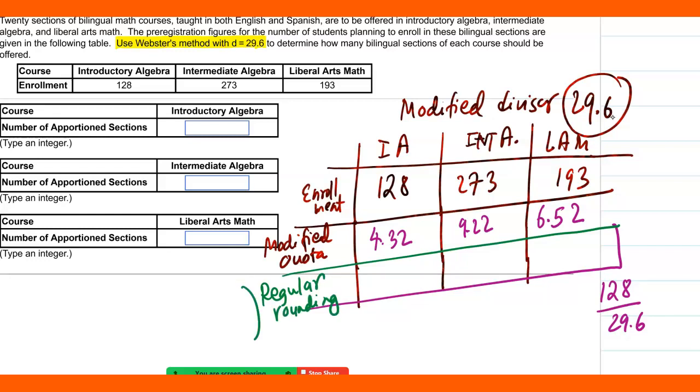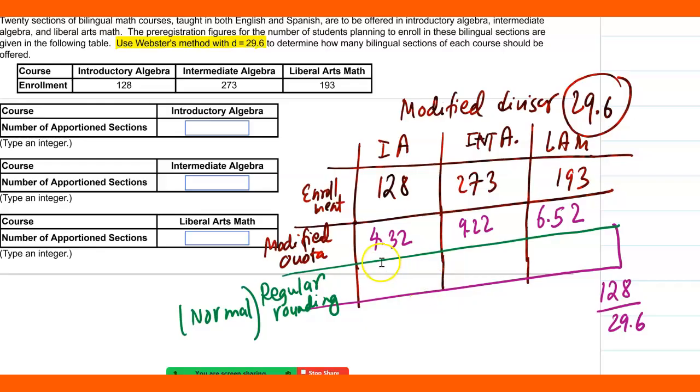Like normal rounding. 4.32 is going to be 4, because .32 rounds down to 4 as a whole number. 9.22 rounds to 9. 6.52 rounds to 7.